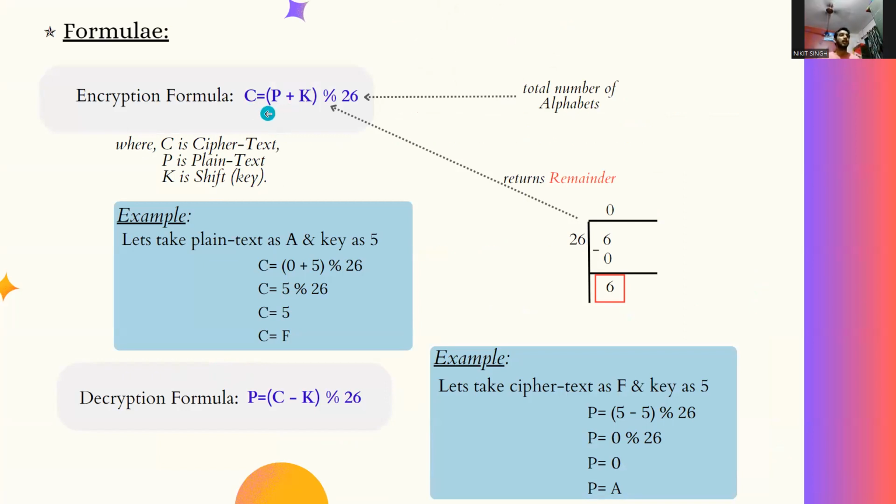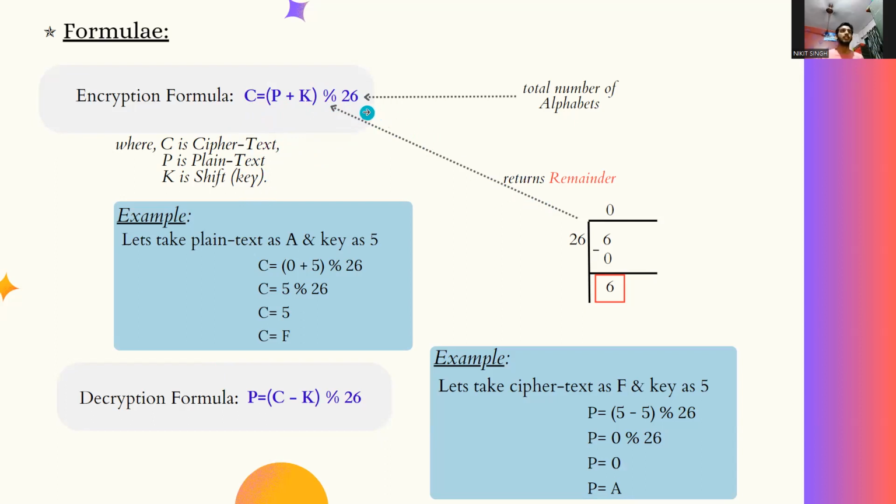The formula goes as C equals (P plus K) modulus 26. Here C represents the cipher text, which we have to calculate, P is the plain text, and K is the shift. This percentage sign denotes modulus. Modulus means returning the remainder.